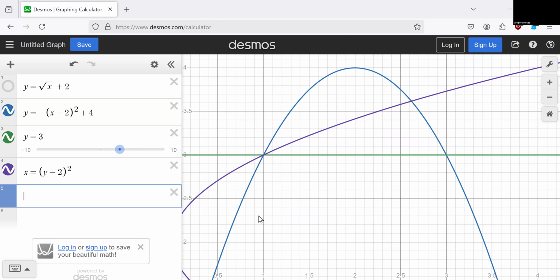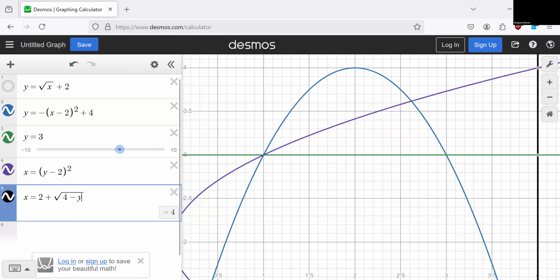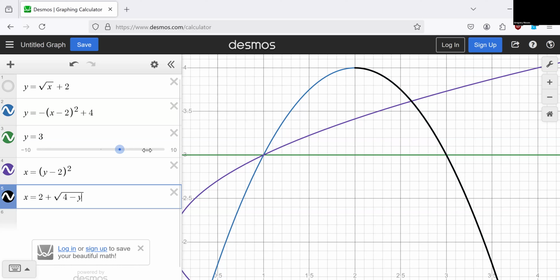So 2 plus the square root of what was under the square root? 4 minus y. 4 minus y. So as it happens, this plus is the one you wanted. I don't know how well you can see that.